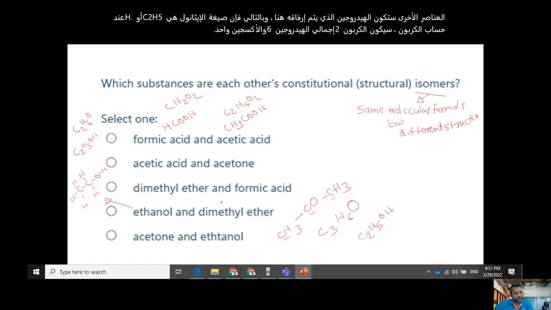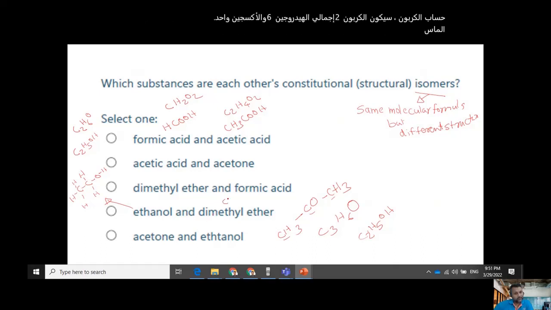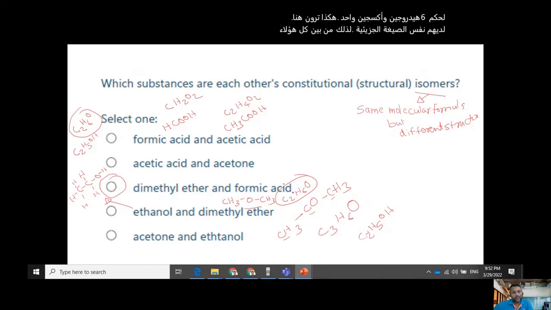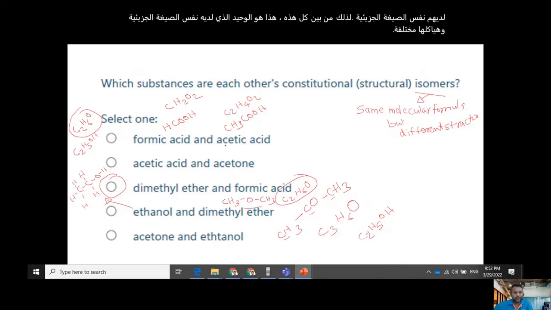Dimethyl ether is an ether with oxygen in the center, so CH3 O CH3. This compound has 2 carbon, 6 hydrogen, and 1 oxygen. So you see here, they have the same molecular formula. Among all of these, this is the only one with the same molecular formula and different structures. So the answer here is this one.